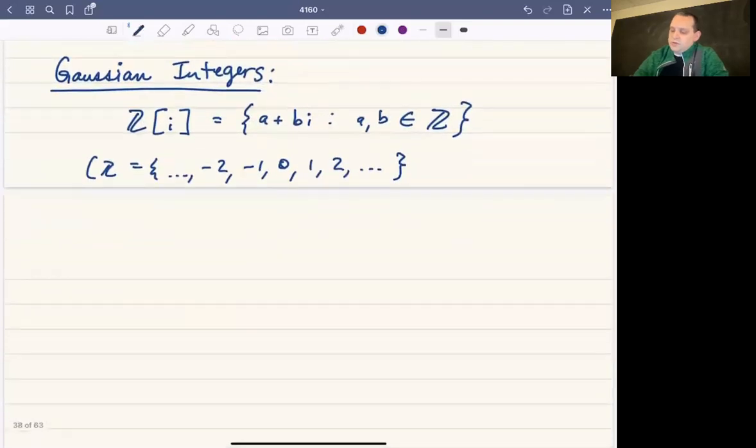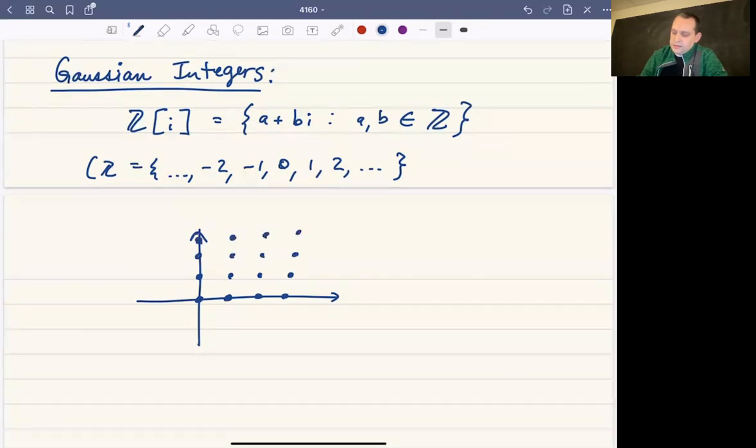In other words, if you were to graph the Gaussian integers, you would end up with 0, 1, 2, and so on, but then i, 1 plus i, 2 plus i, 3 plus i, and so on. And you end up with this grid that mathematicians call a lattice. This is sometimes called the integer lattice.